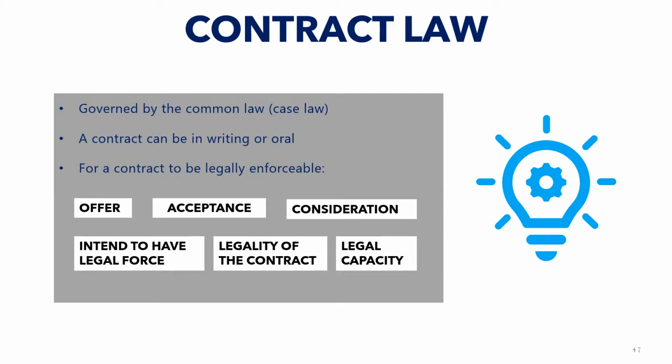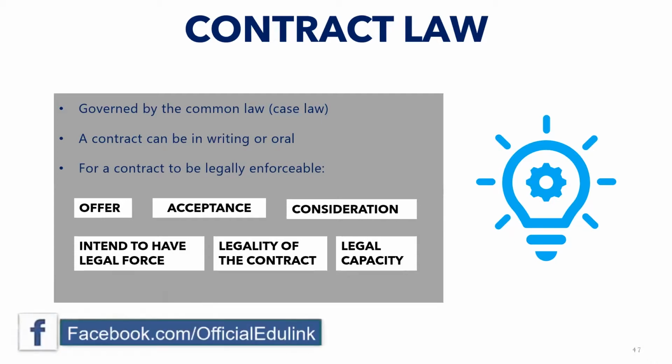The last one is legal capacity. Legal capacity means both of us should be above 18 years of age. That's one. Do we really have the ability to get into this contract? So 18 years of age is one. The second is our mental status. Is either of us having any kind of mental impairment?